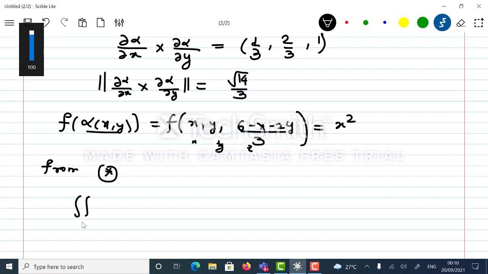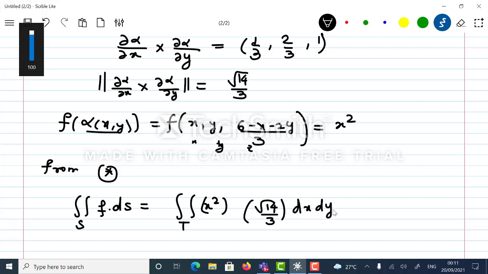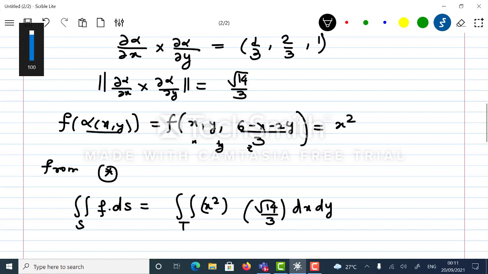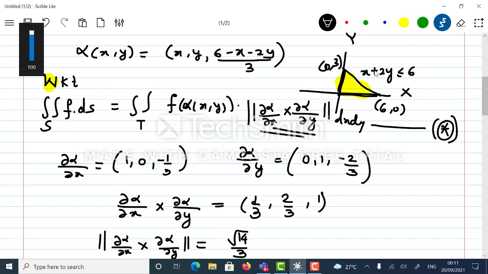we will get the surface integral over S of f dot dS is equal to double integral over T. So f of alpha of x comma y, that is x square only, and that norm is root 14 upon 3 dx dy. Now we have a standard triangle, so we can easily find out the double integral over T. So let's go with type 1.